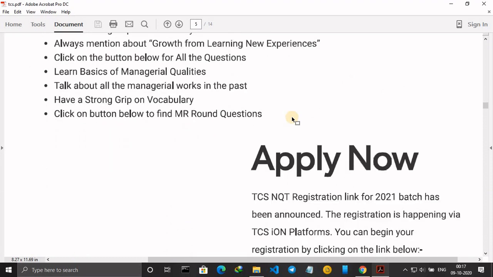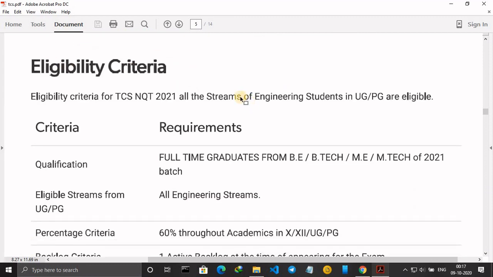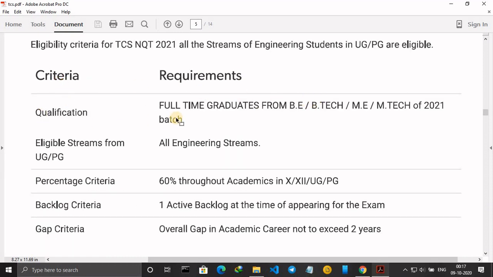So guys, if we talk about the eligibility criteria for TCS NQT 2021, all the streams of engineering students in UG and PG are eligible. Qualification: full-time graduates from BE, BTech, ME, MTech, 2021 batch. Eligible streams for UG and PG: all engineering streams are eligible for this exam.